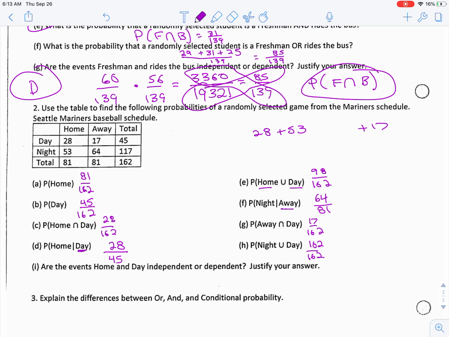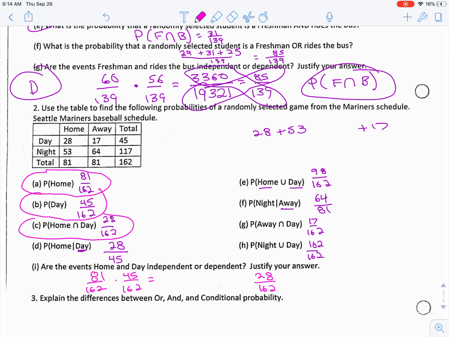Are the events home and day independent or dependent? That means that, for me, the probability of home times the probability of day should equal home and day. All right, so let me multiply straight across.